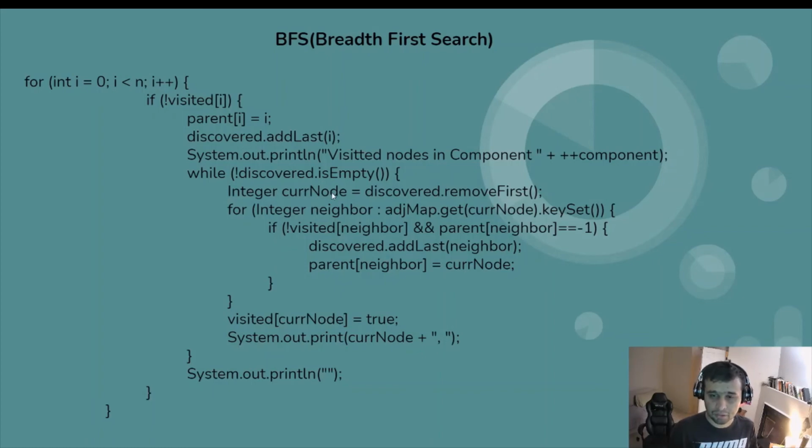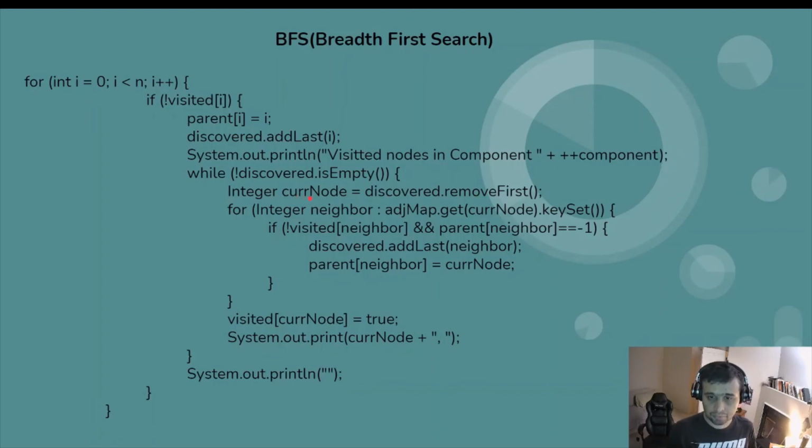Every time we find it not empty, we will remove the element or the node from the front end. We insert the element from the back, but we remove it from the front. So this line is removing the element from the front end.